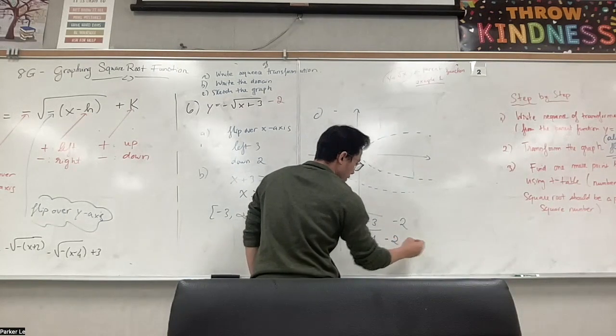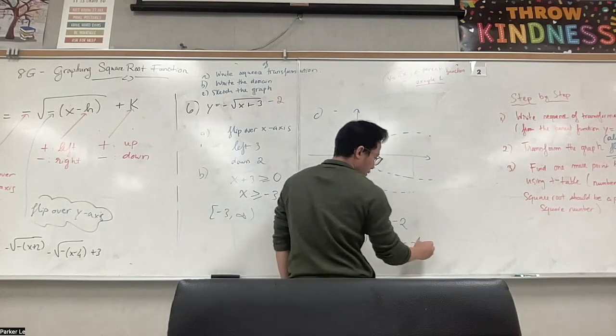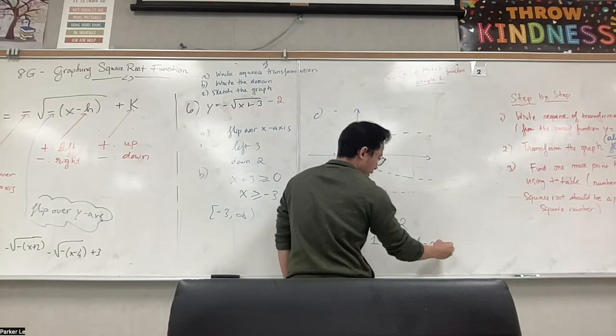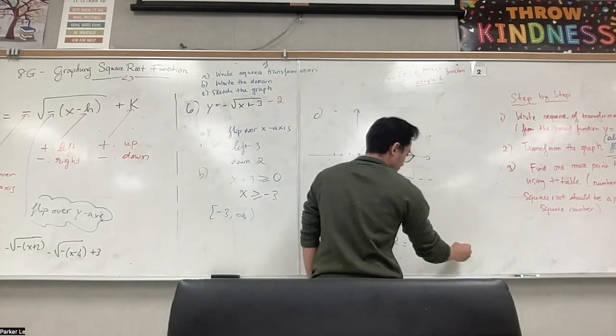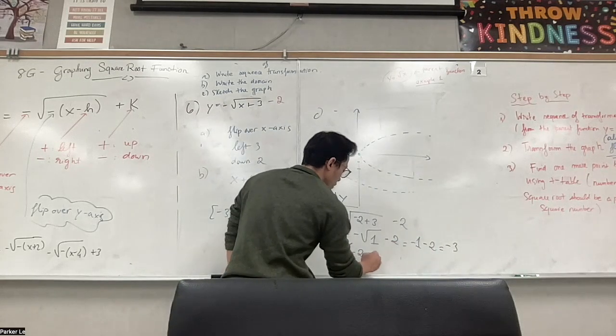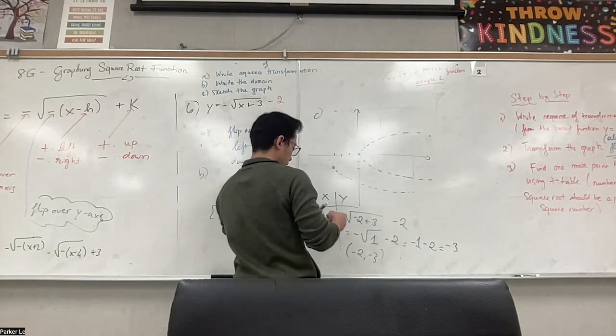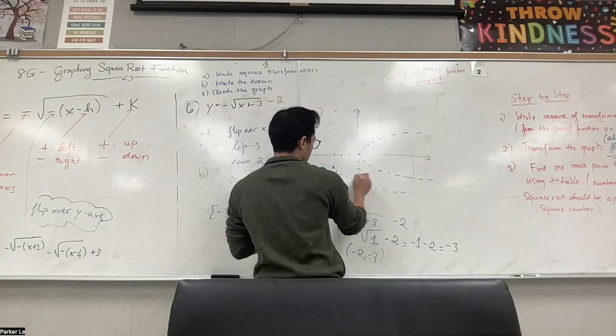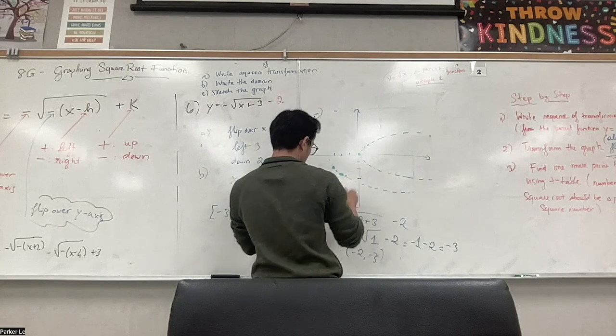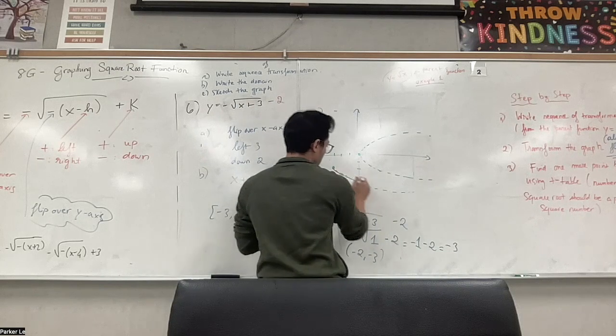Minus 2. What is square root of 1? 1. -1 minus 2 is -3. So the point is -2, -3. Right here. Okay, and now just connect it.